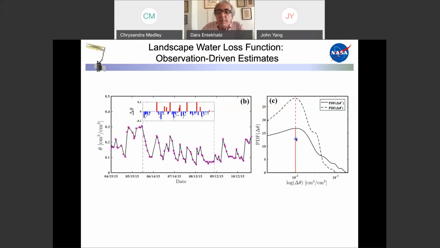And as statistical stationarity implies, their means are the same. They have to be. But their distributions around that mean are quite different. Can we extract information about hydrologic processes from that difference in the distributions, from the asymmetry among them?